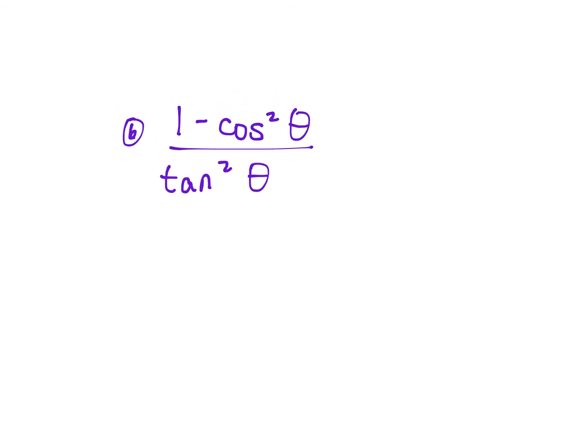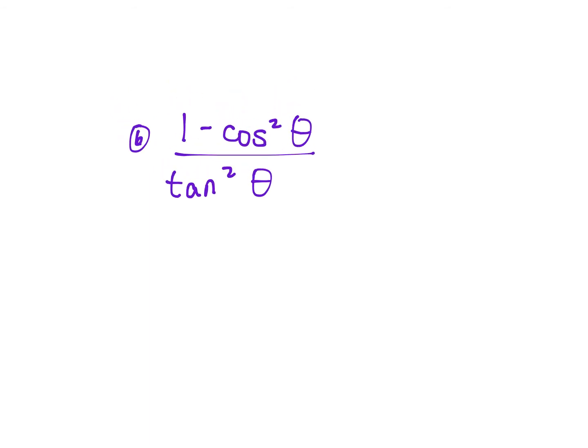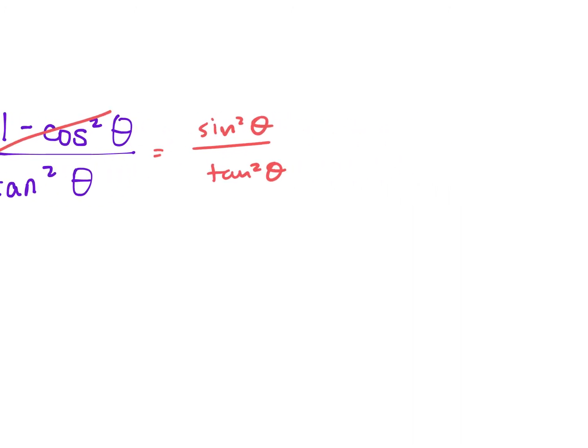What should I do first? Yes. Awesome. I'm going to use one of my Pythagorean identities and make the numerator sine squared. Okay. What's tangent squared theta equal to? Sine squared theta over cosine squared.